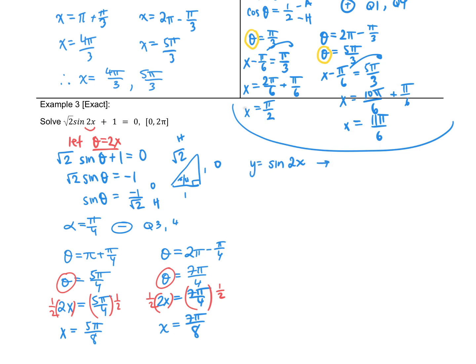For sine of 2x, the period is 2 pi divided by k, so 2 pi over 2, which is pi. If my period is pi, that means within my 2 pi domain, I'm probably going to fit 2 cycles.